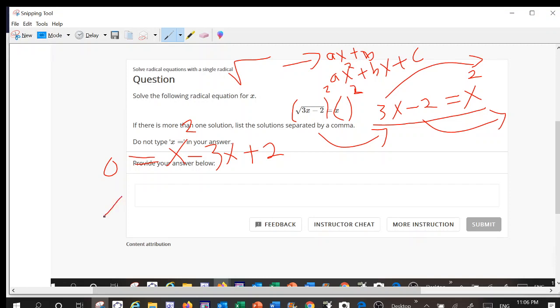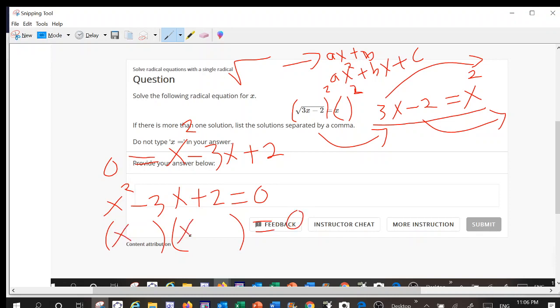So that's x squared minus 3x plus 2 equals 0. And this is something we don't really need the quadratic formula for, because we can solve this easily. Multiply two numbers to get positive 2, add to get negative 3. Well, negative 1, negative 2. And so the two solutions are x equals 1 and x equals 2.